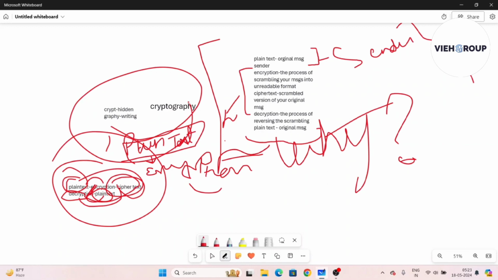It makes things confidential and provides authentication, and secures financial transactions. How does it work? Plain text, encryption, which is scrambling, ciphertext, and decryption. So this is the overview, and this is for now.